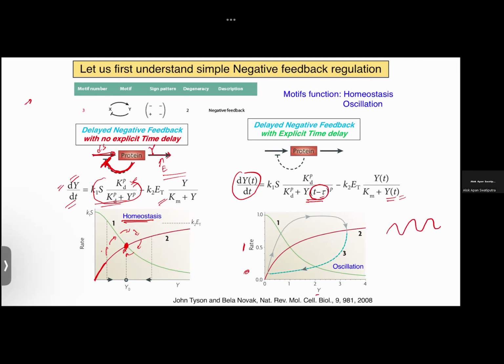Why is it so? Because in terms of this particular vector field picture, instead of this being a stable spiral, your system, since there is a time delay, the exact response of y is not instantaneously reaching your system, unlike earlier.